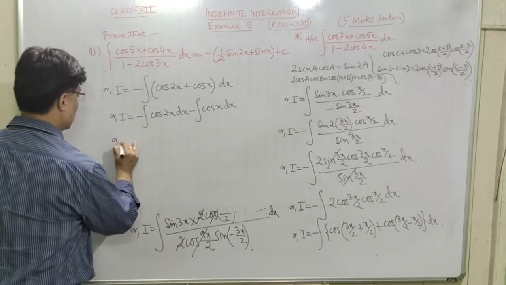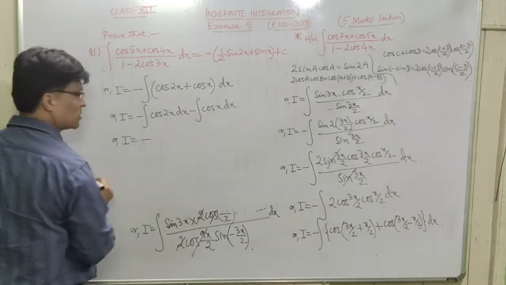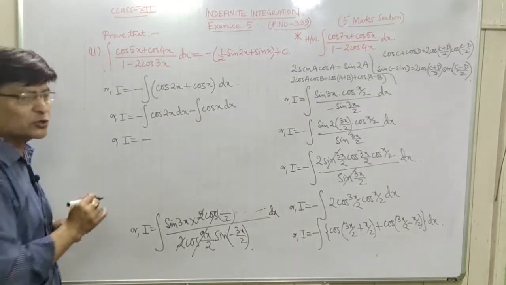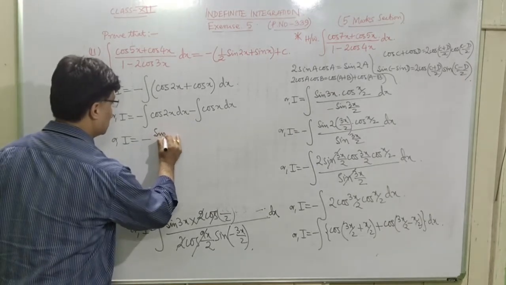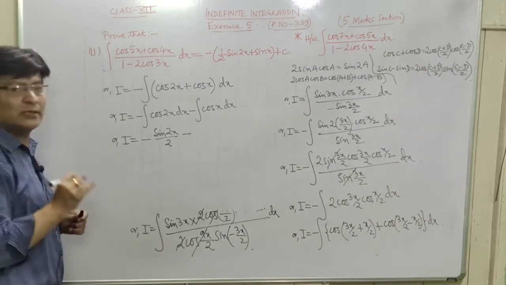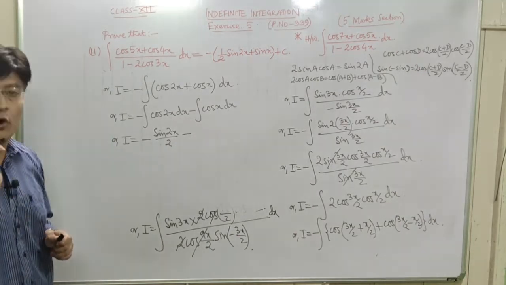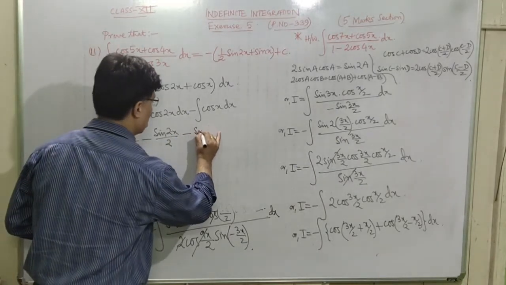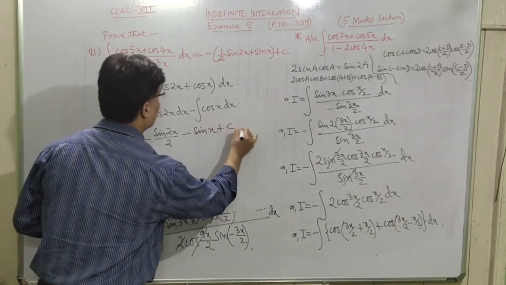I is equal to minus, what is integration of cos 2x, or differentiation of which function is cos 2x? It is sine 2x by 2. Minus, what is integration of cos x, or differentiation of which function is cos x? Sine x, right? Then you should write here plus c.